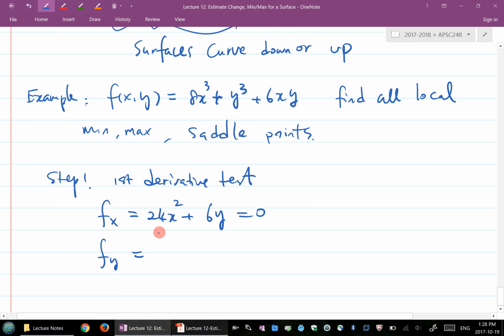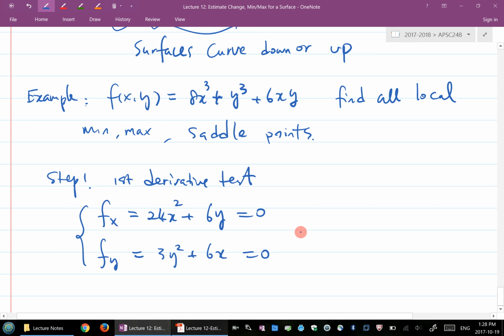Calculate the partial derivative with respect to y: 3y squared plus 6x, set equal to 0. Then altogether, you can solve for x and y.